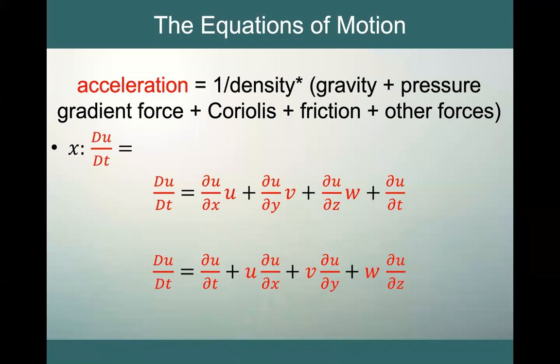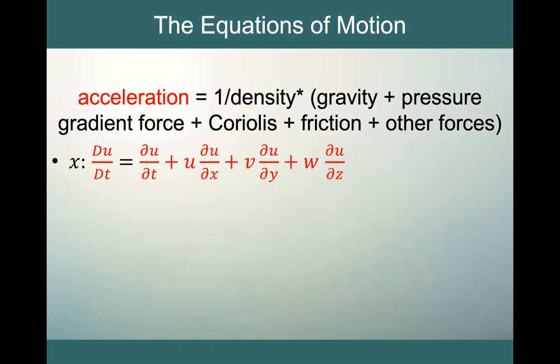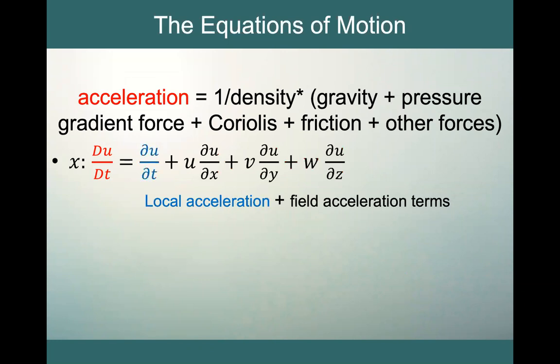So we have ∂u/∂t plus u ∂u/∂x plus v ∂u/∂y plus w ∂u/∂z. And this is what we call the total derivative. So expanding that out in all three dimensions, we see what we have for x. And then we can also look at how we can break this down.